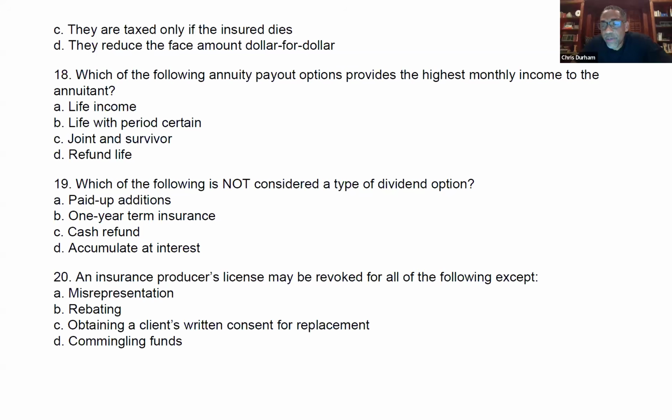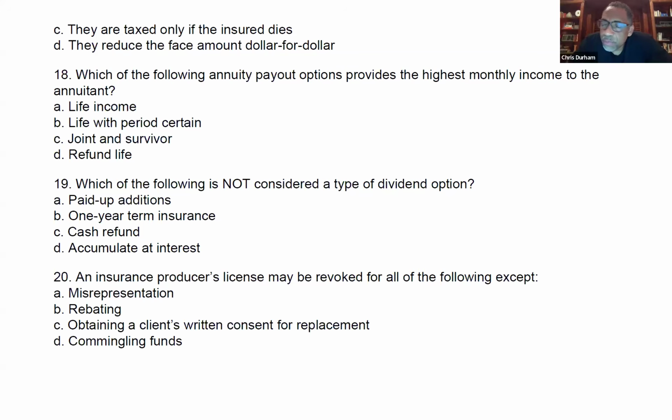The life income option gives you the biggest check with no beneficiary. So it pays one person, the rest of their life. But it's no beneficiary. It doesn't pay your spouse. There's no money left to whoever your beneficiary is. So it pays the highest monthly income.